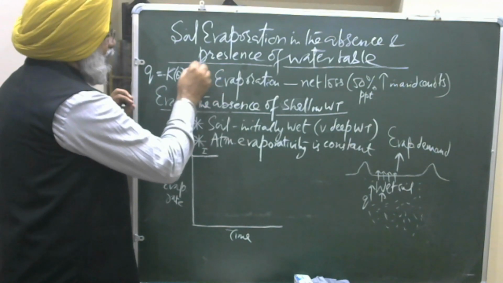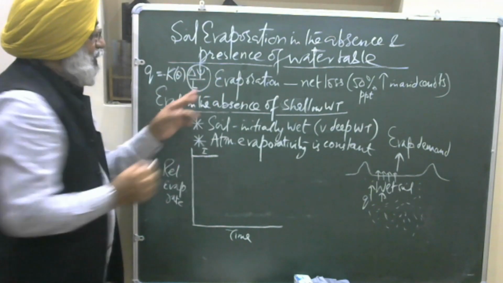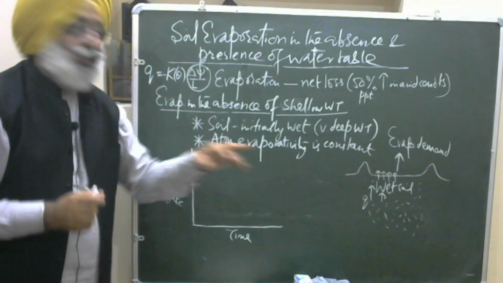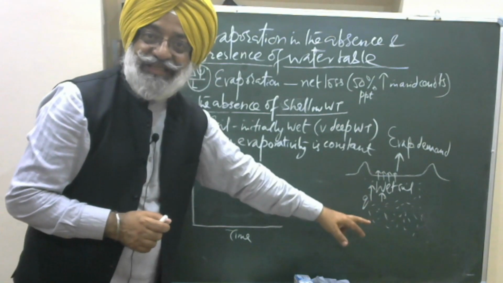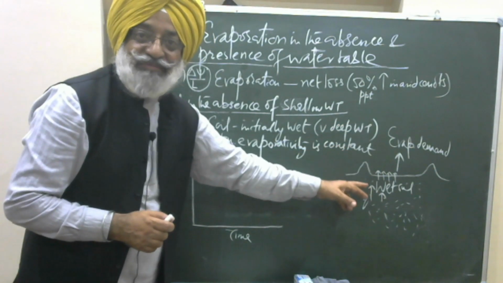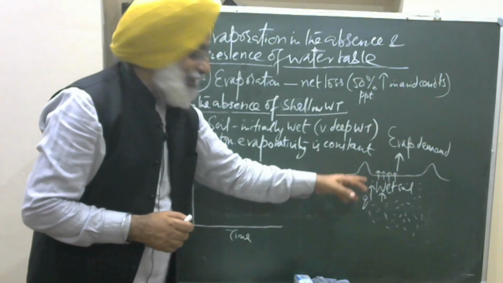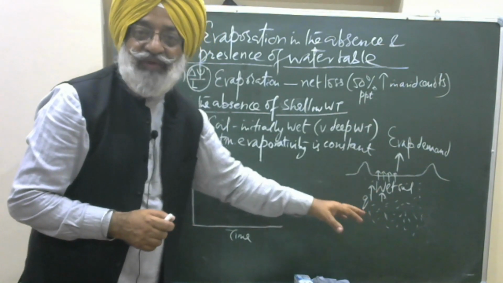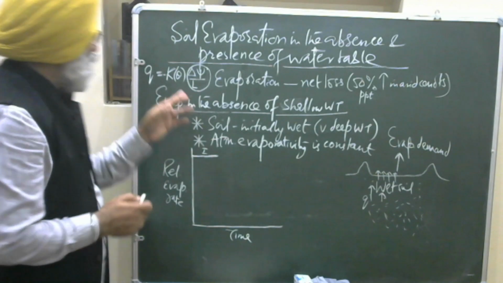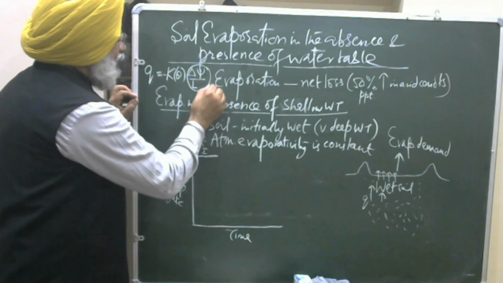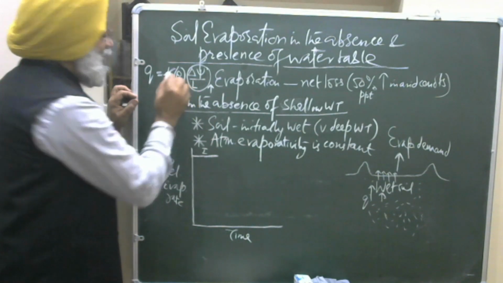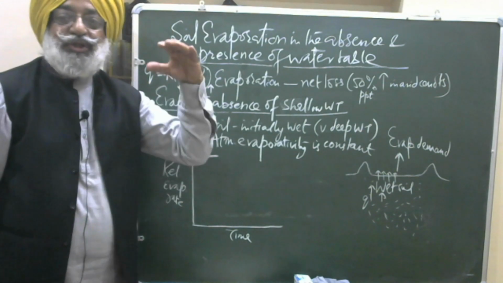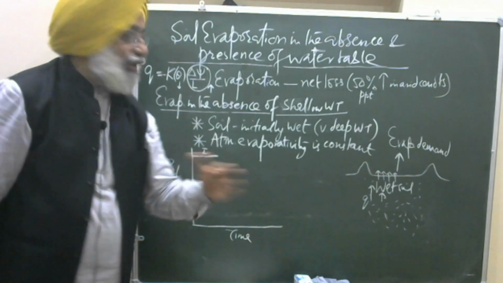So two things are there. The potential gradient is going to increase because of the difference in the moisture content. The surface layer becomes a bit dry, then the subsoil, which is still wet, so the hydraulic gradient increases, but hydraulic conductivity decreases.